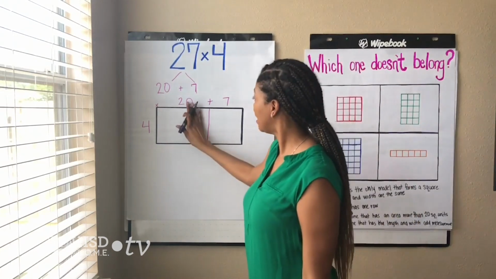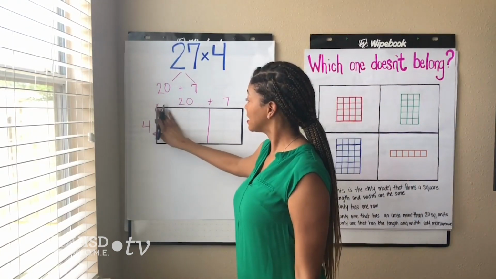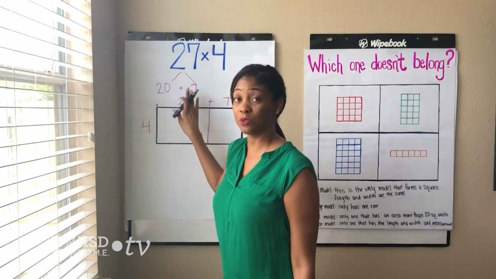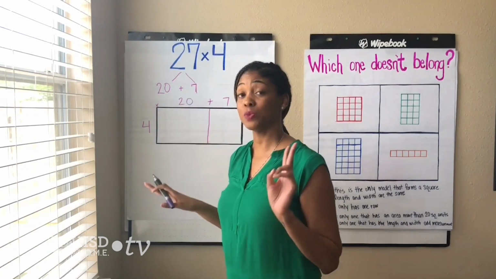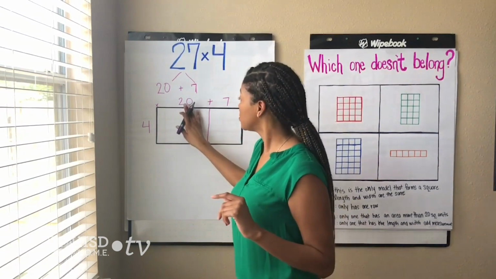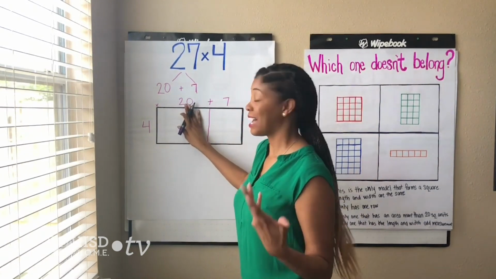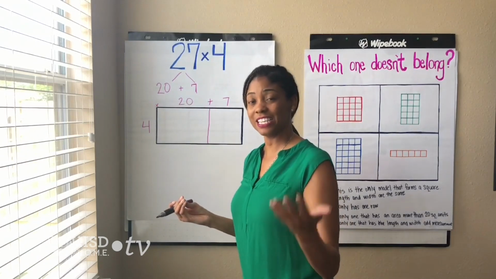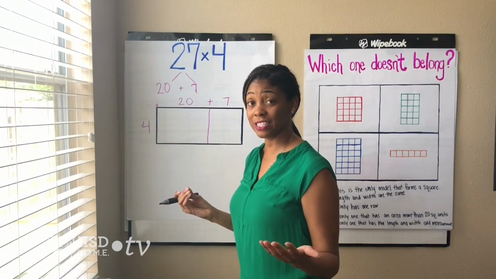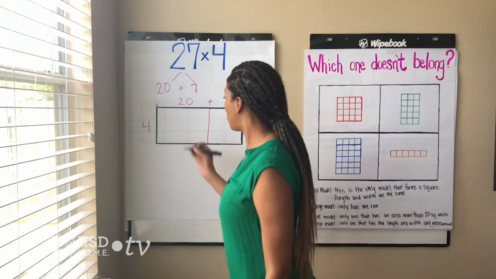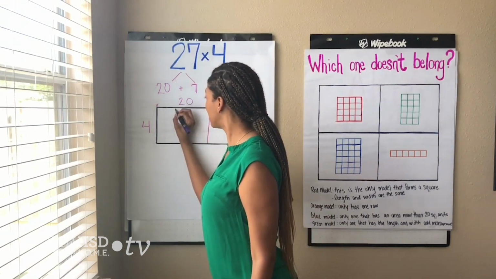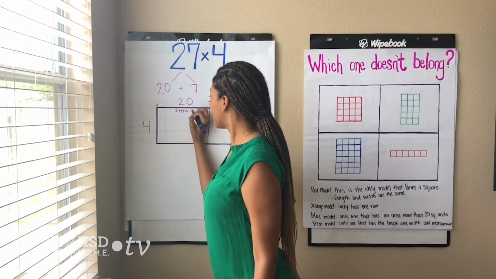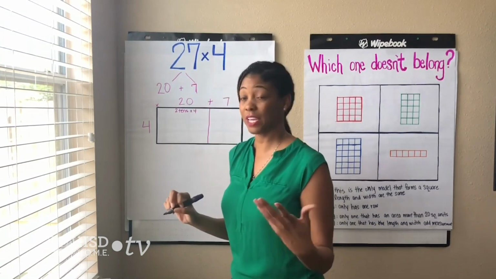And so now I have 4 times 20. And because I remember I decomposed this 20 to 2 10s, I know that 2 10s times 4 gives me 8 10s. And 8 10s is the same as 80. So I'm going to put, just so I can remember, 2 10s times 4, which is giving me 8 10s.